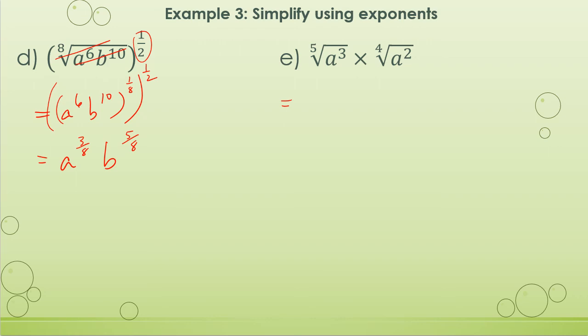E. All right, so we're multiplying. That's okay. We'll still do it step by step. My base, my numerator, my denominator, times my base, my denominator, and my numerator.